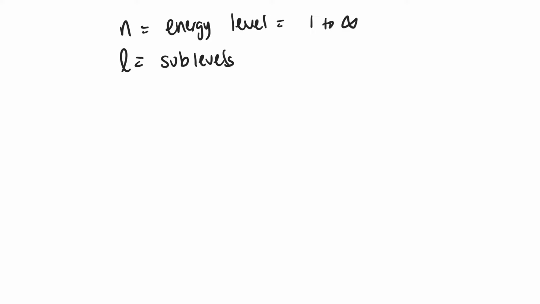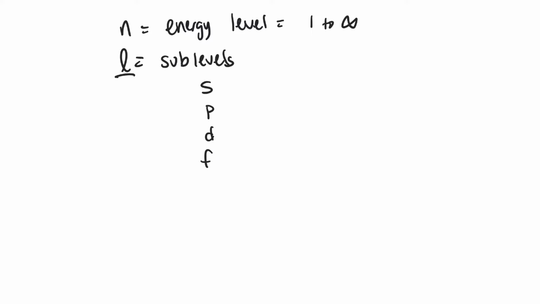When we're talking about electron configuration or electron address, there are different sublevels: sublevel S, sublevel P, sublevel D, and sublevel F. It turns out that L, depending on the value, correlates with these sublevels.